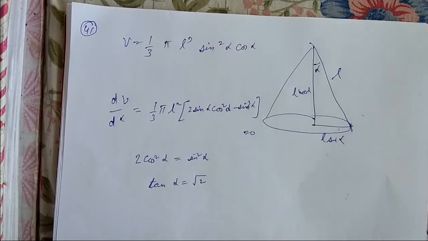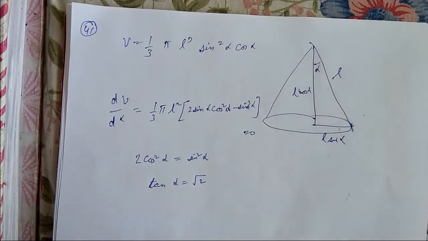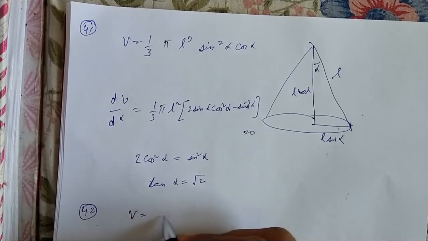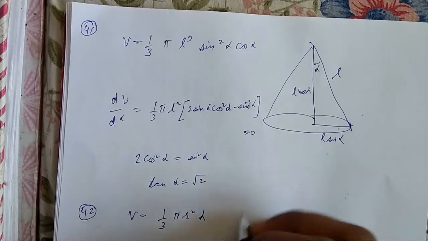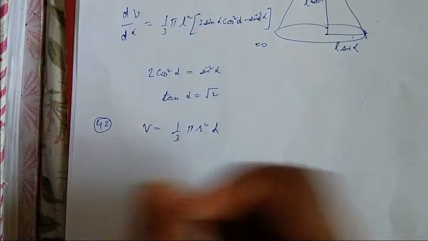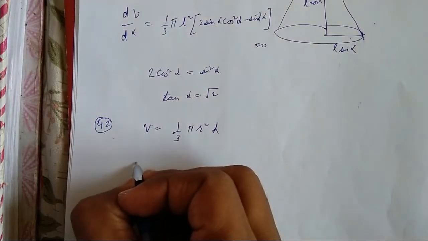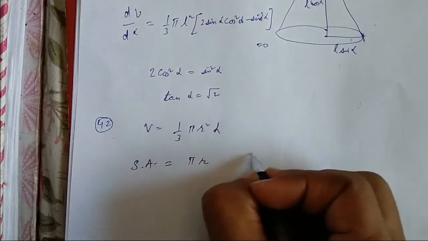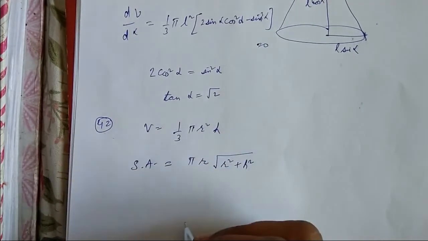A conical tent of given capacity will require the least amount of canvas when the height is, so its volume is given constant, and its canvas would be equal to πRL. So surface area would be equal to π into R into L. L is the square root of R² plus H², which has to be minimized.